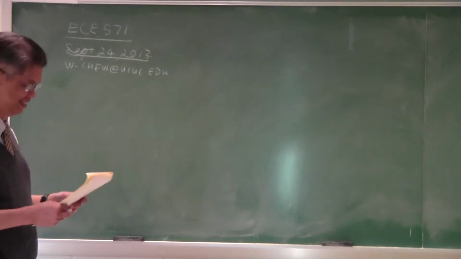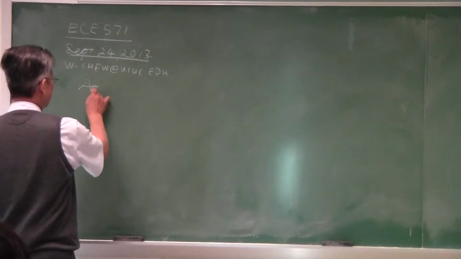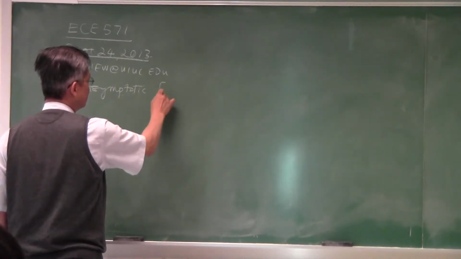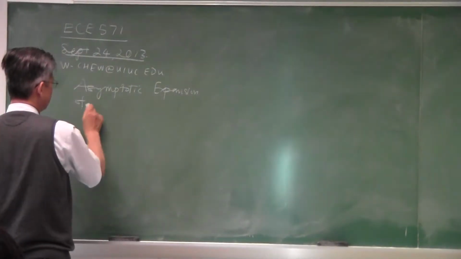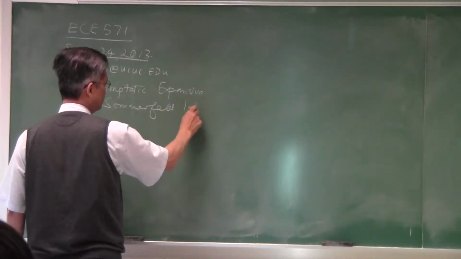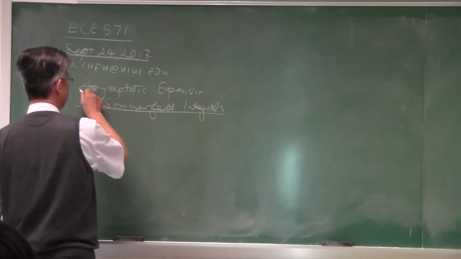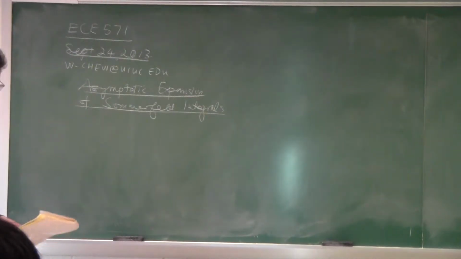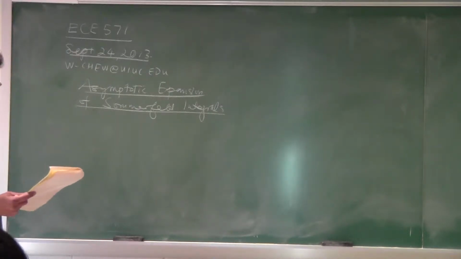Okay. So we are talking about asymptotic expansion of integrals. Sommerfeld integral in particular. These are very complicated integrals, and they by themselves do not offer much physical insight, except that they are plane wave expansions of sources propagating through a layered medium.